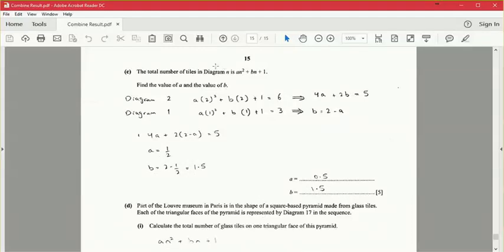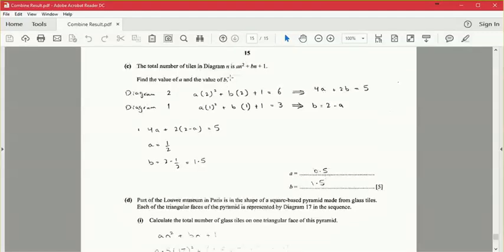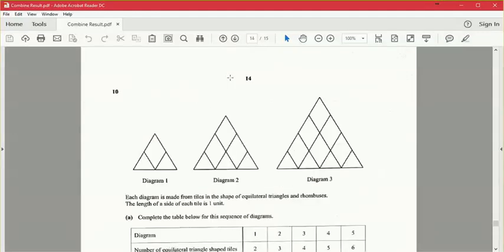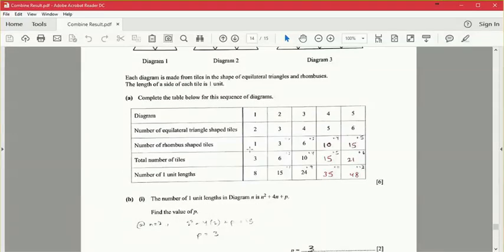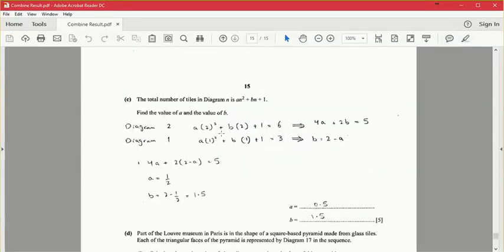For part C, it says the total number of tiles in diagram n is a n square plus bn plus 1. Find the value of a and the value of b. We'll use diagram 1 and diagram 2. Here for the total number of tiles, we have 3 and 6. For diagram 2 it's 6, for diagram 1 it's 3. And we'll put the equation. n is 2, 4a plus 2b plus 1 equals 6, and there it is 3.